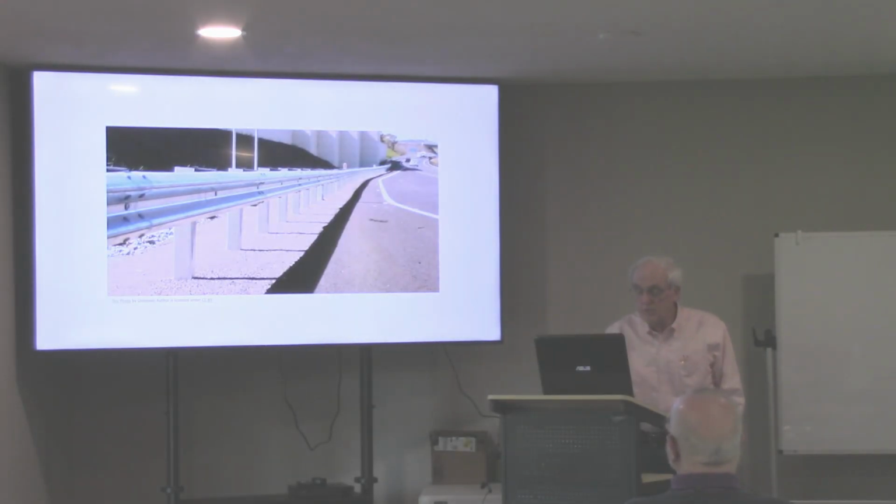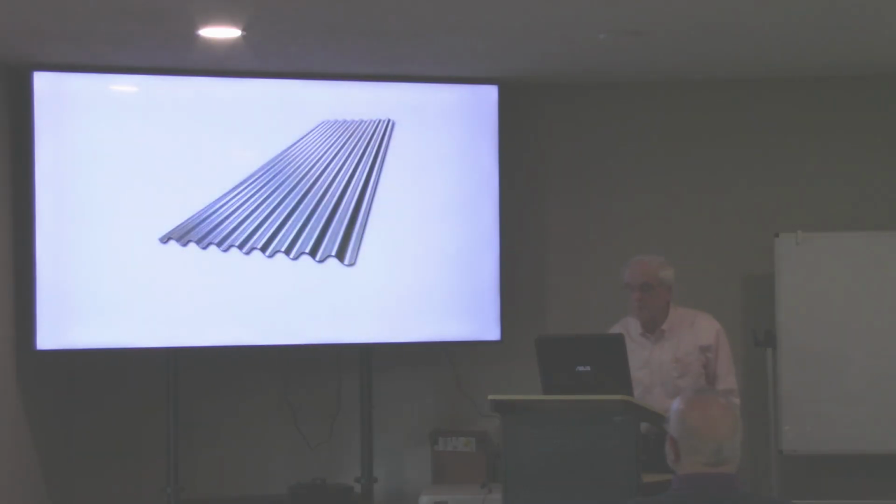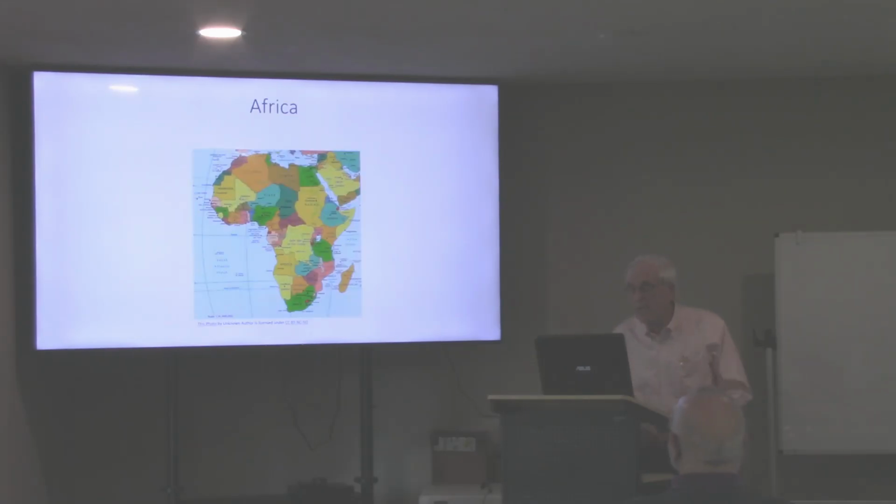We also made guardrail. Back then we had multiple products. Today they probably have two. That's can, sheet, and auto. Another product we made was roofing sheet, corrugated roofing sheet, and that was my area. So we have a plant in West Africa, in Guinea.